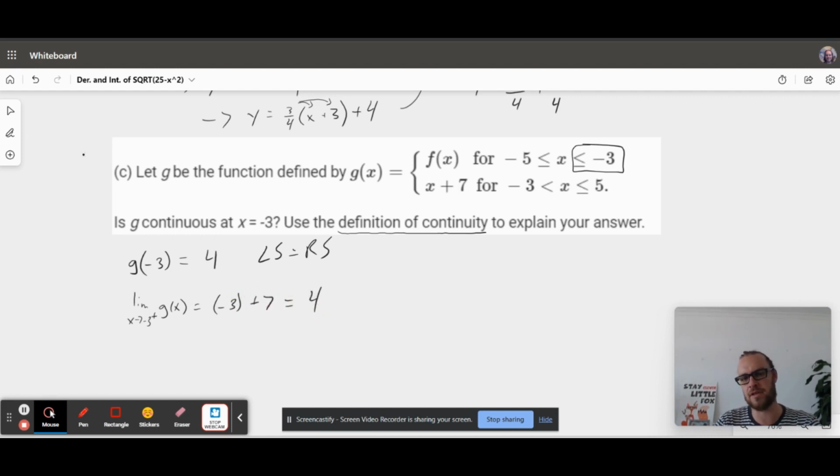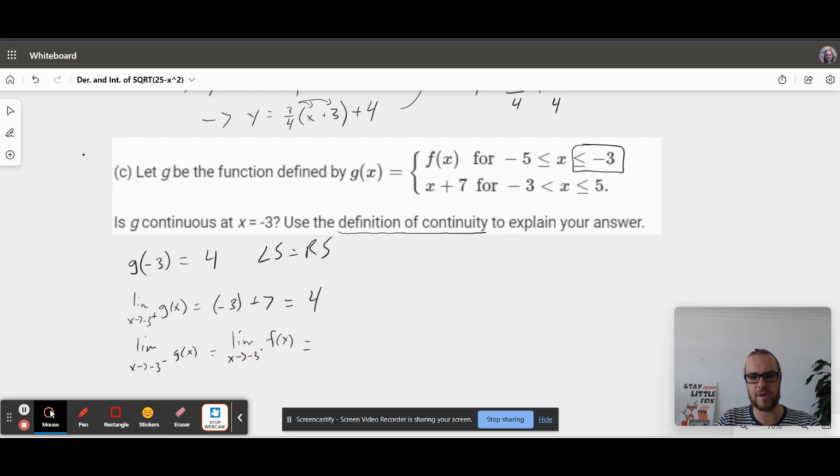And then we want to make sure that the other side is, of course, we've already done that, but we'll show it anyway. The limit as x approaches -3 from the negative side of g of x is really just going to be equal to the limit as x approaches -3 from the negative side of f of x.